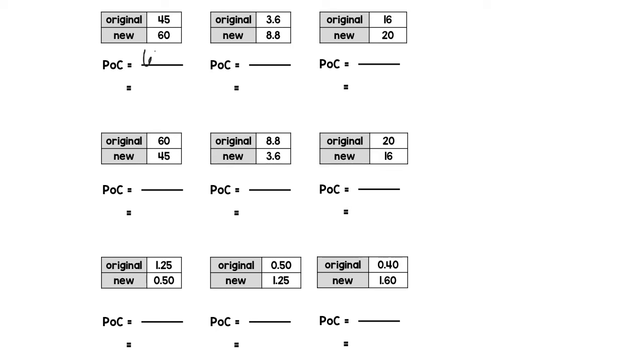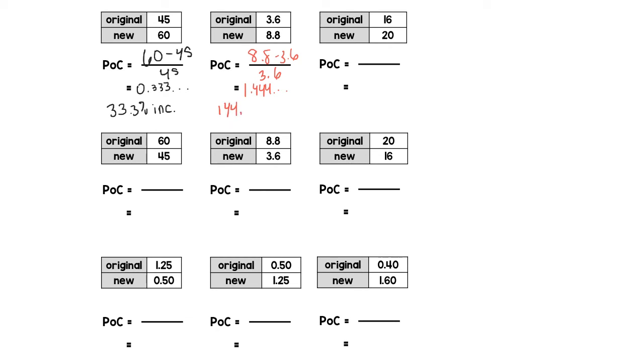I'm going to work through these, just writing answers down. So buckle your seatbelts. 60 minus 45, new minus old over old, is 0.333 repeating. That gives us a 33.3% increase. New minus old over old is 1.444 repeating.